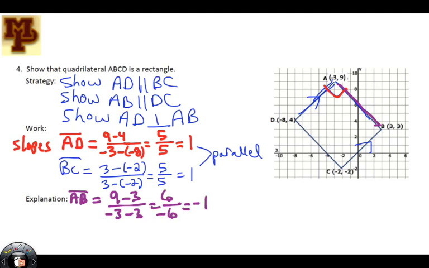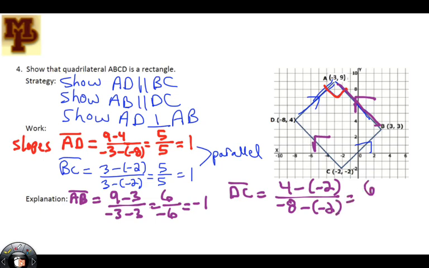And then let's check out the opposite side there, that slope. So that would be CD or DC, whatever you like. So let's do DC. That would be 4 minus a negative 2, and then on the bottom that would be negative 8 minus a negative 2. So that's 6 over negative 8 plus 2, so that's negative 6. That's negative 1.